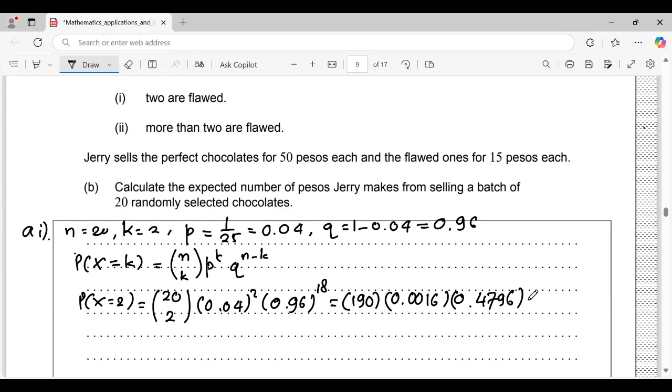You can use a calculator to calculate this, but I would like to show you how we find it through this formula. So the probability if x equals 2 is 0.146.